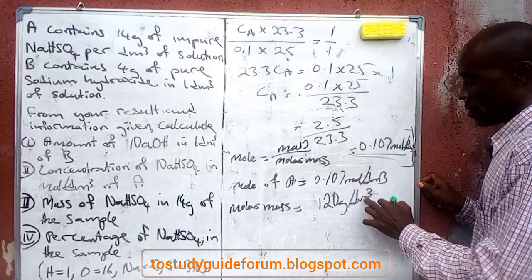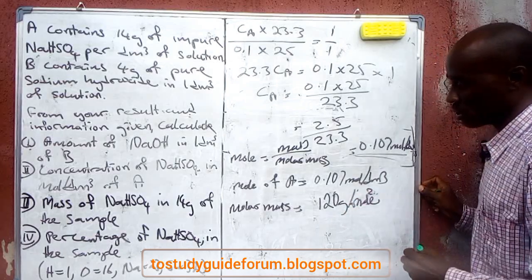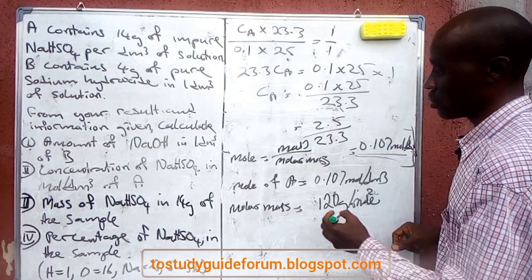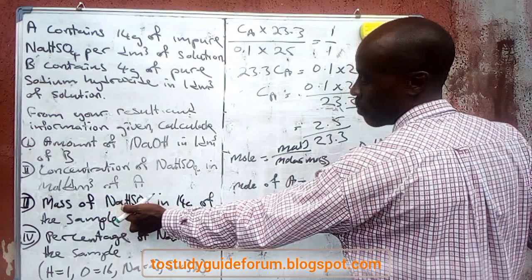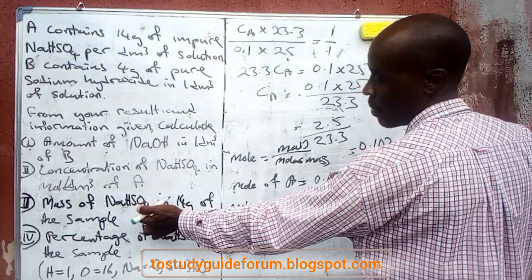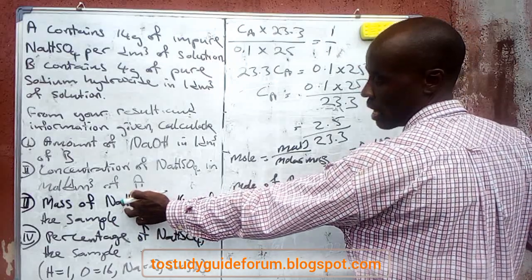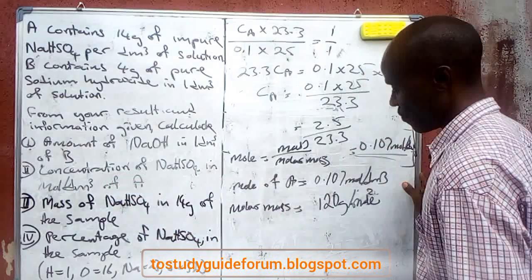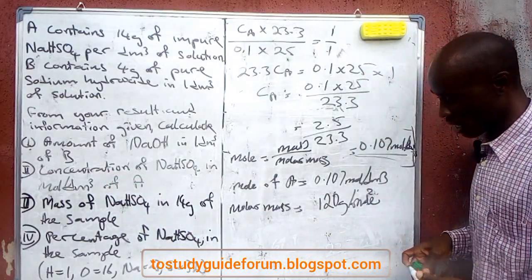Now if you don't really know how to get this molar mass, what you just add up is the relative atomic masses. When you add it up, multiply 16 by 14, plus 32, all the rest of them, by the time you finish the addition, what you get is 120.